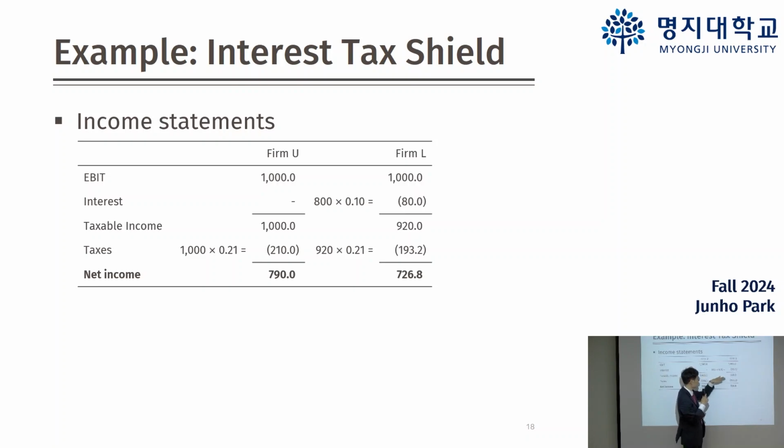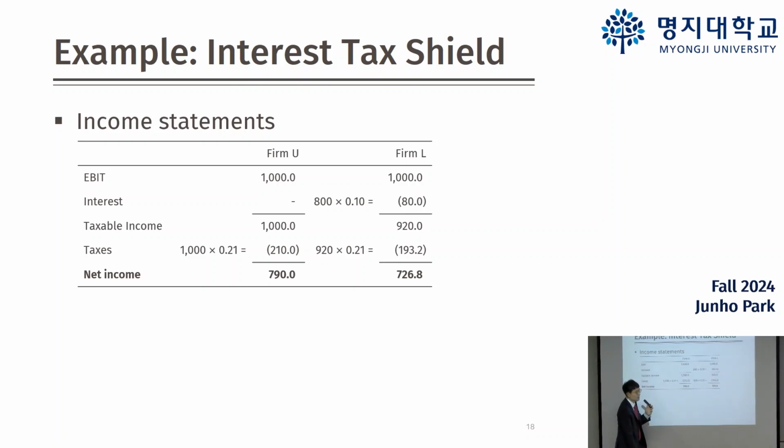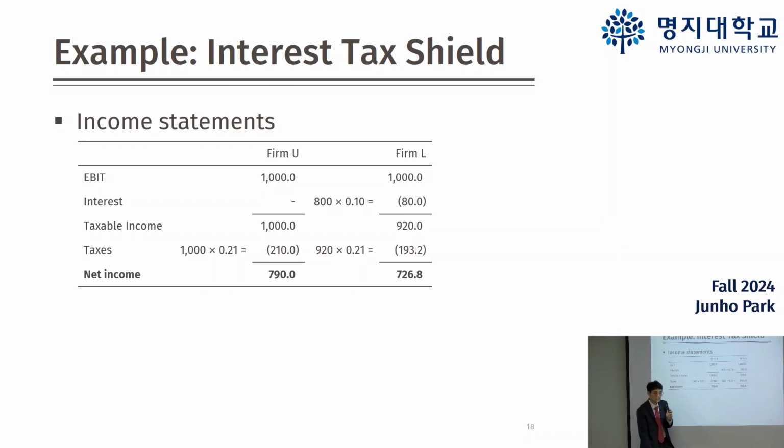However, firm L's taxable income is reduced to $920. And based on the same tax rate, which is 21%, firm U will pay $210 as taxes, but firm L will pay $193 to the government. So if you just concentrate on the taxes, which one is better?